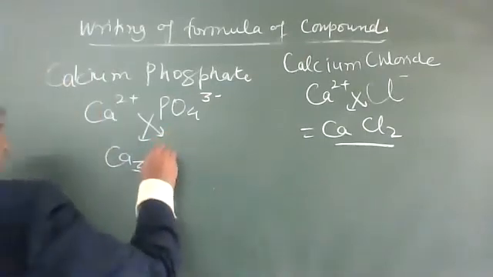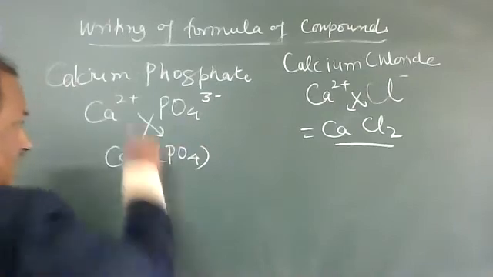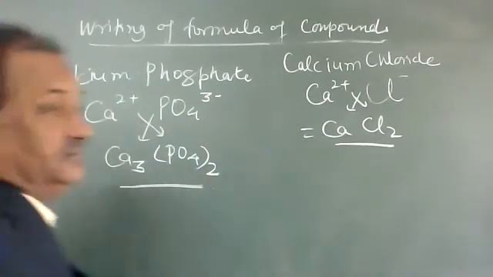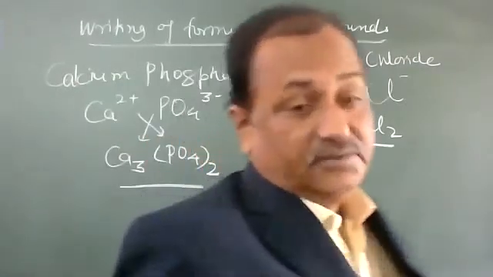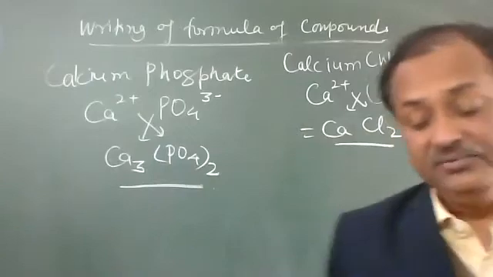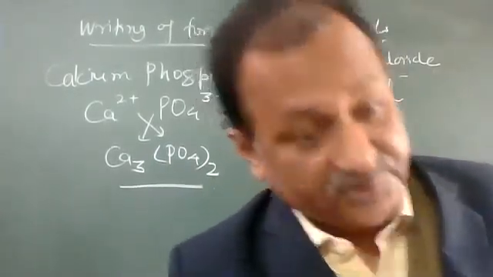Now here PO4 will be in a small bracket and this 2 will come here, because phosphate is made up of 2 elements, phosphorus and oxygen. So this is the way we write down the formulas.